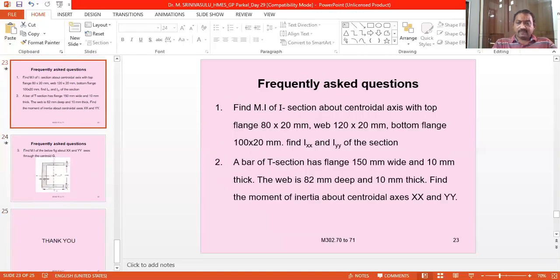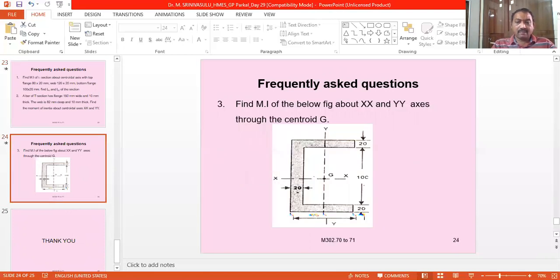This is the MI of the I section, MI of the T section, and this is the problem on the MI of the channel section or the C section. You take out these problems and try to solve them, then you get a good idea about the centroid of these sections.